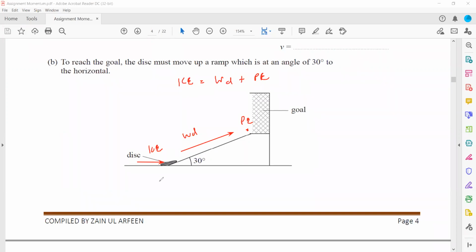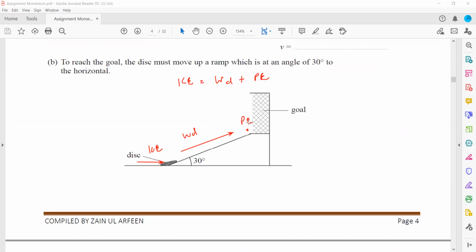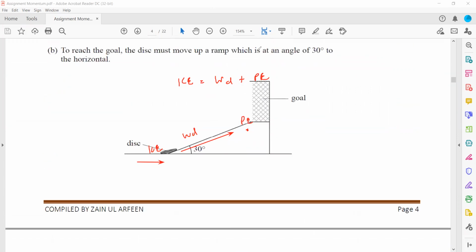The kinetic energy is equal to half mv square. We will solve each part individually, and then substitute in this equation to get the final answer. So first, the kinetic energy, which is half mv square. What about the mass?